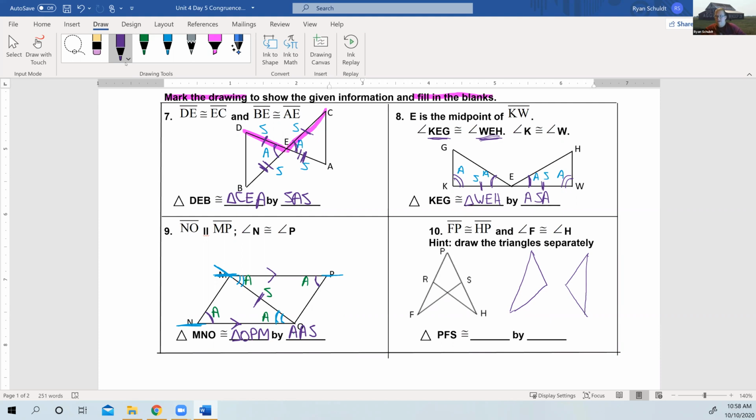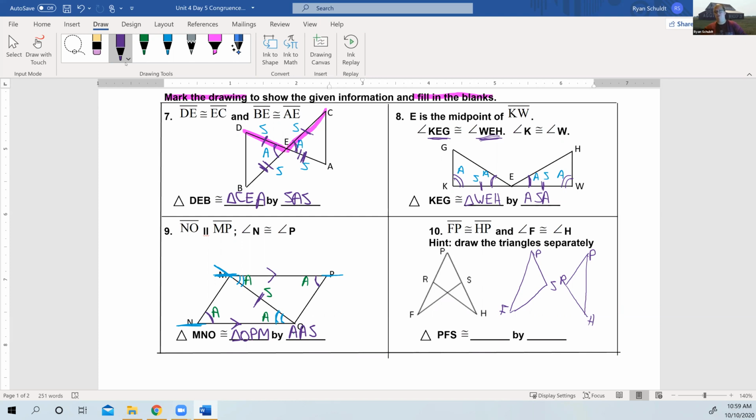So this triangle would be FSP. This one would be HRP.